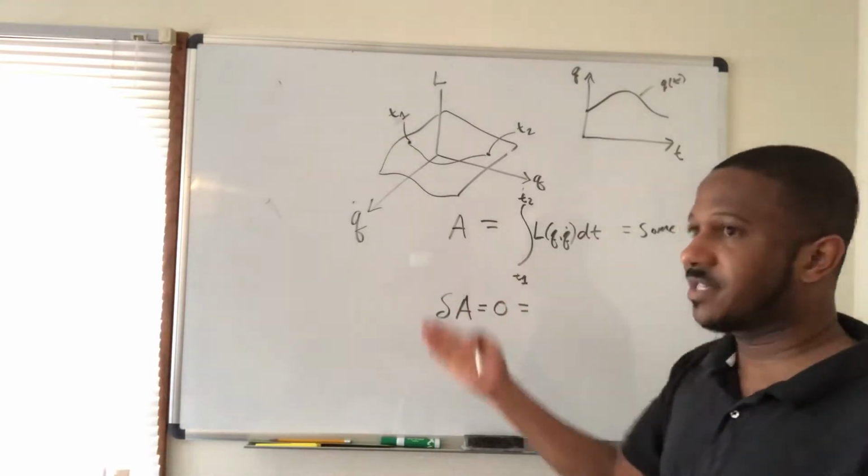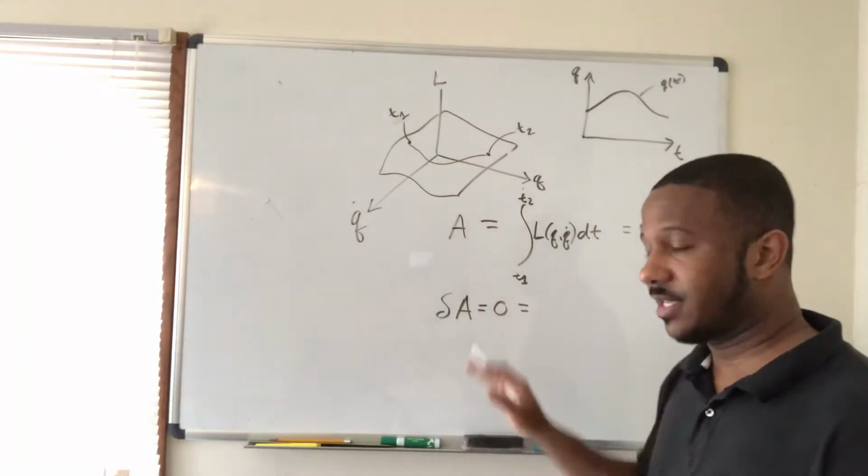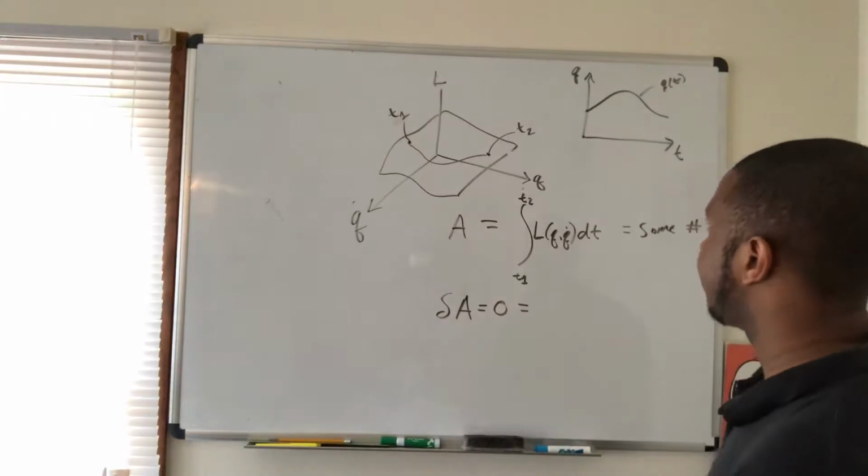A stationary point is where you change it just a little bit and it doesn't change, so the change is 0.